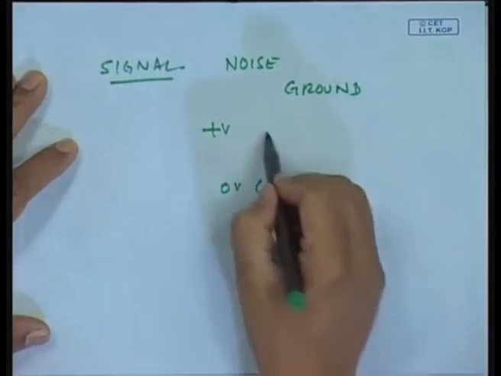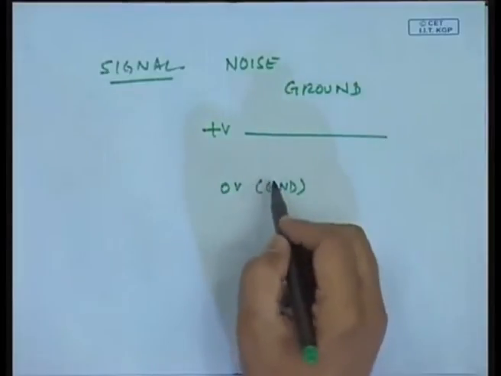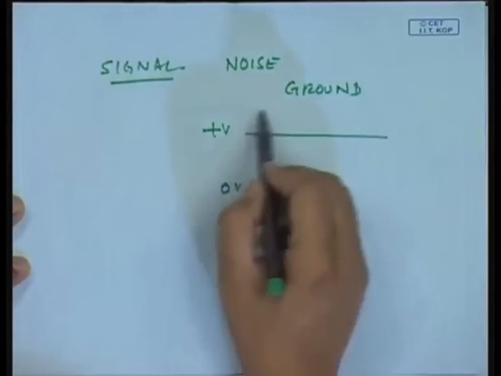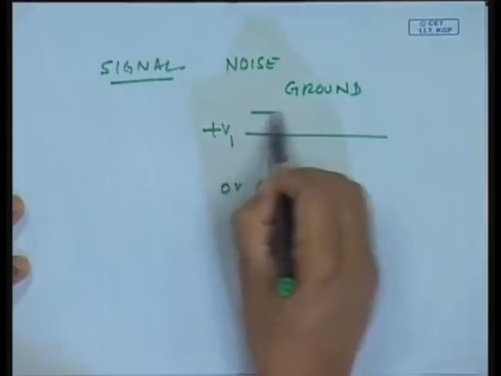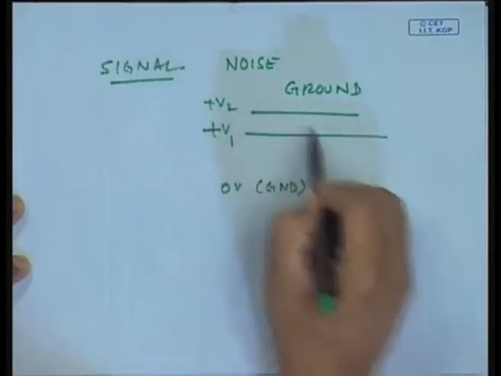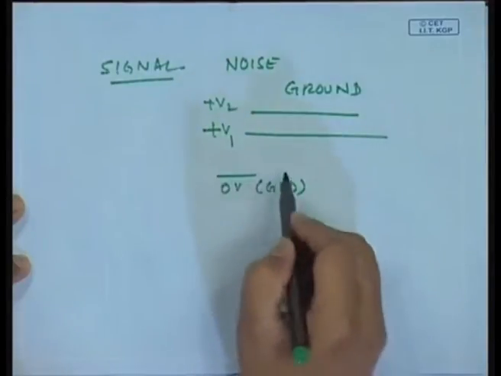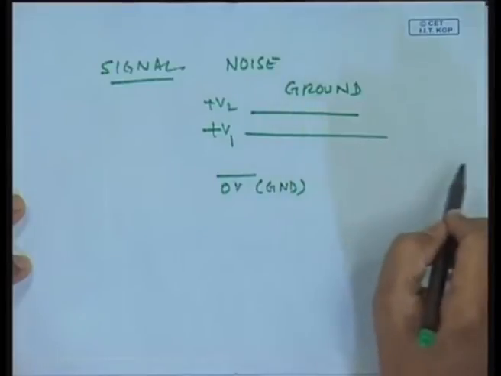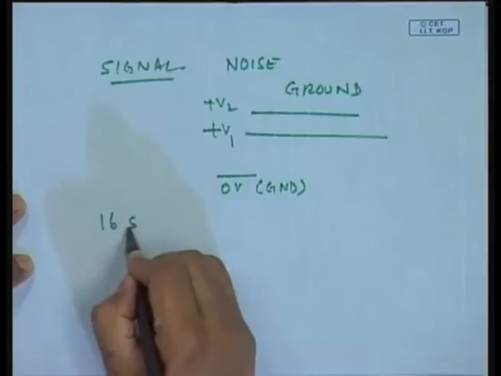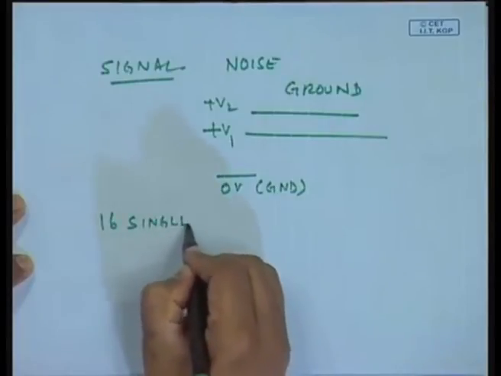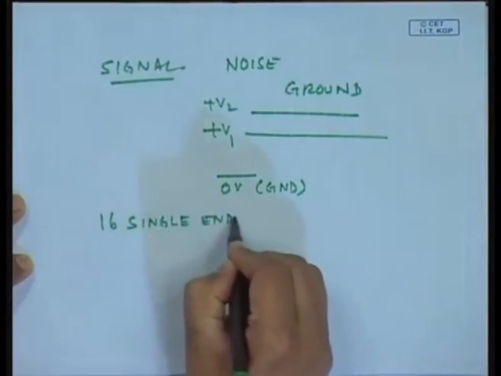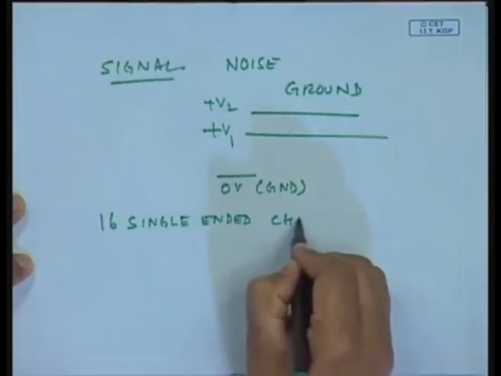And then for all the signals, suppose this is channel 1, channel 2 and so on, there will be a common ground. So, this is known as a single ended input. Okay. Suppose there are 16 single ended channels as inputs.